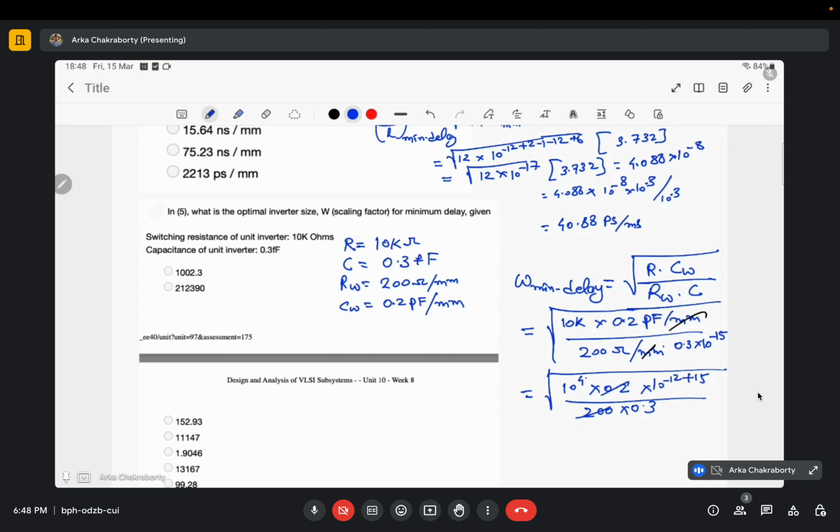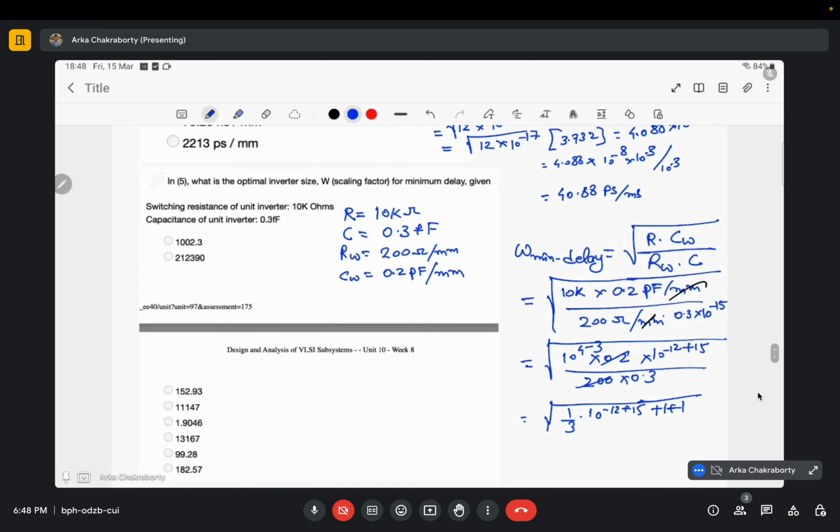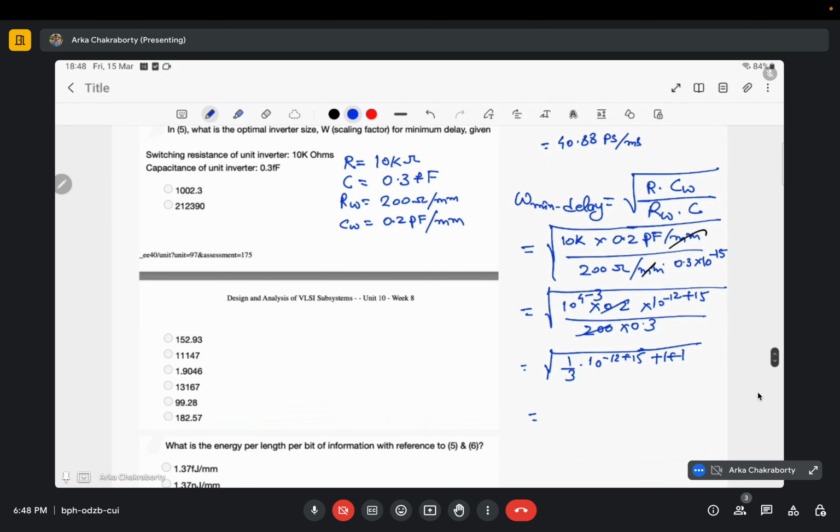So it is basically 10 to the power 5 by 3.